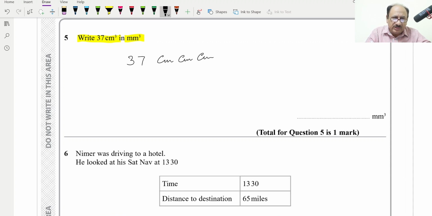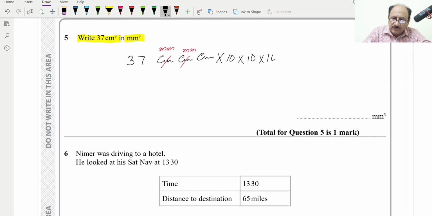Now we have to change into millimeters. Each centimeter we have to change to millimeters, so we'll multiply. We know there are 10 millimeters in 1 centimeter, so we'll multiply by 10 and this will be changed to millimeters. Again we will multiply by 10 and the second centimeter will be converted into millimeters.